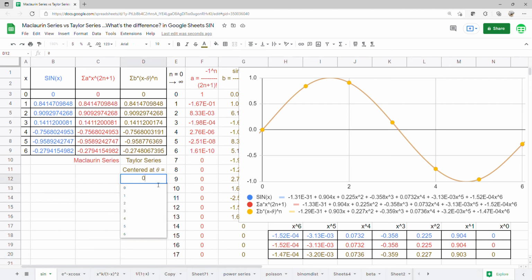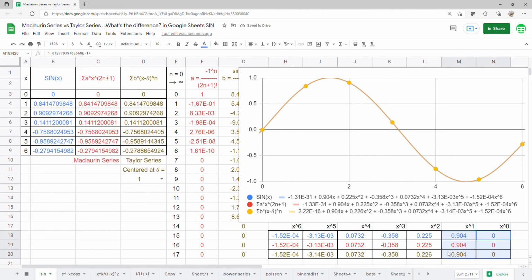Now we center this at 1. They're now exactly the same, and their data sets remain the same, and their lines are still collinear. Center this at 2. There's still no change, they're exactly the same.